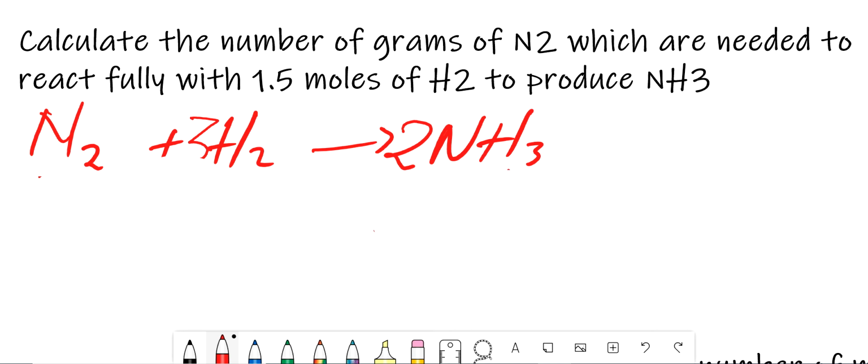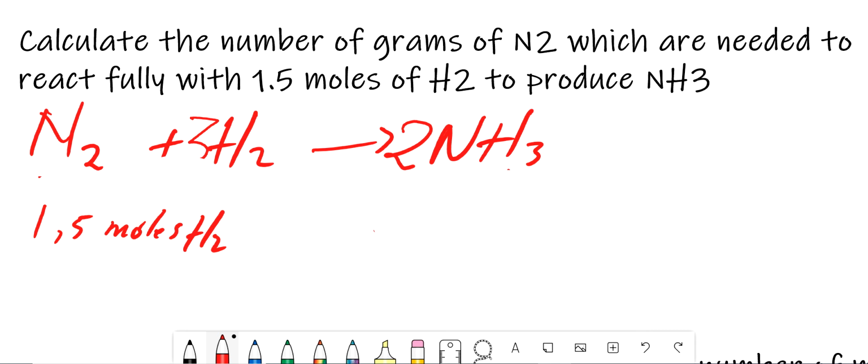And now what is the question? We have to calculate the number of grams of nitrogen which are needed to react fully with 1.5 moles of hydrogen to produce ammonia. In this case you have 1.5 moles of H2, and we need to calculate for nitrogen.